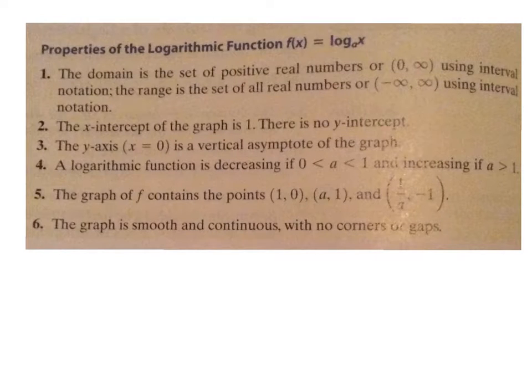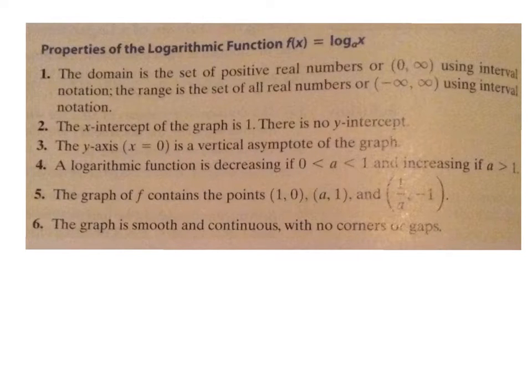So now we're going to discuss some properties for the generic function log base a of x. First off, the domain for a logarithmic function is just the set of all positive real numbers. That's when it's just x for the input. It's not like x minus 4 or whatever. And the range for any logarithmic function is just the set of all real numbers.